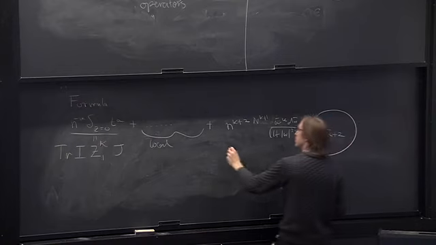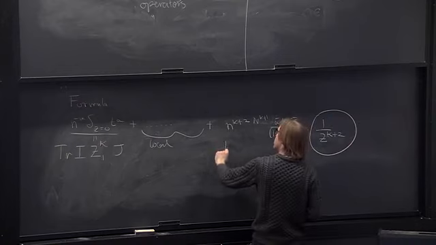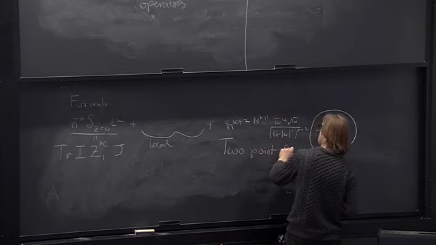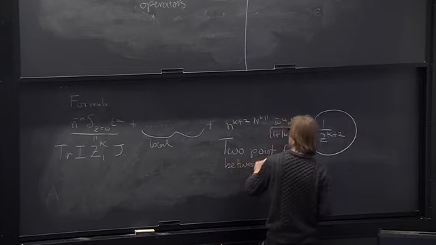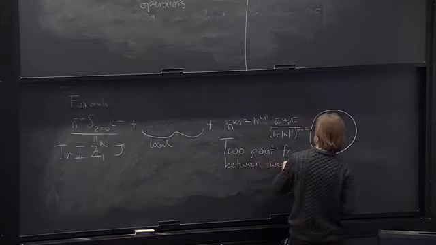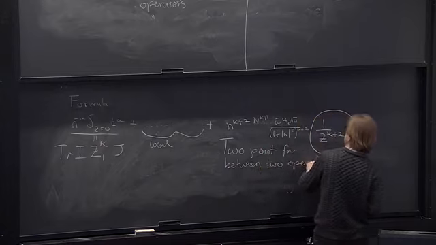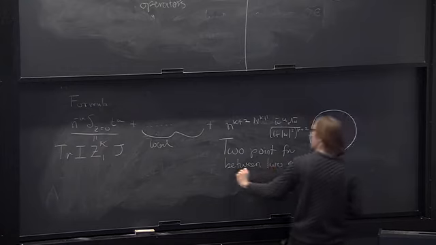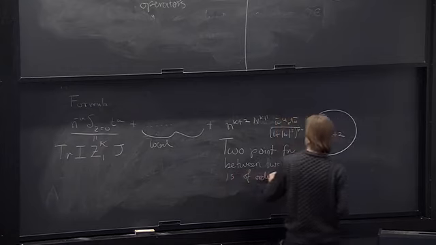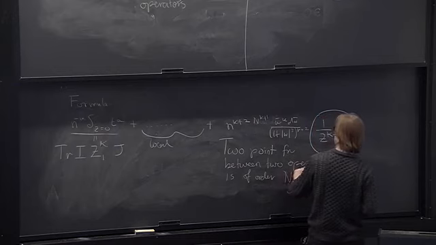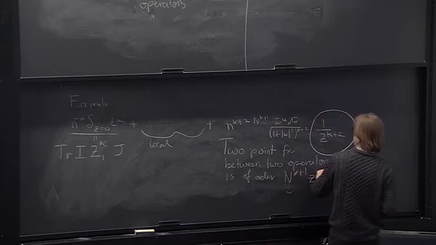In this we learn that the 2-point function between two such operators is of order n to the k plus 1, z to the minus k minus 2.